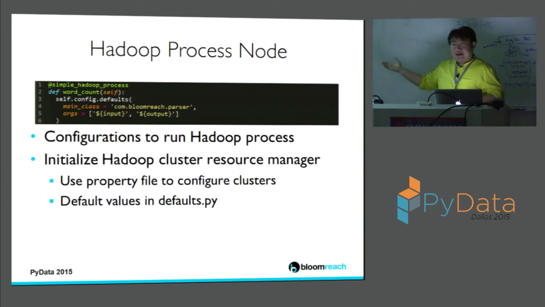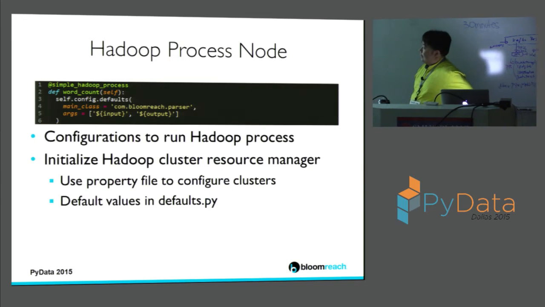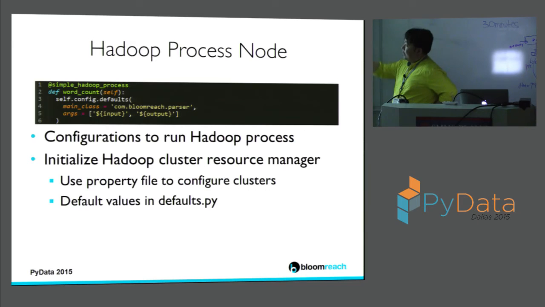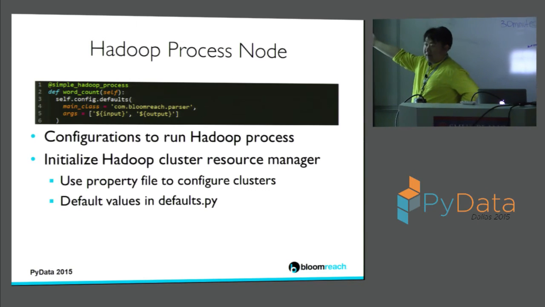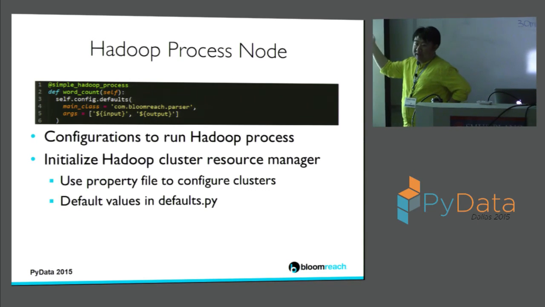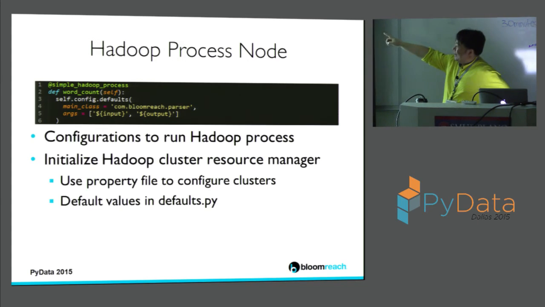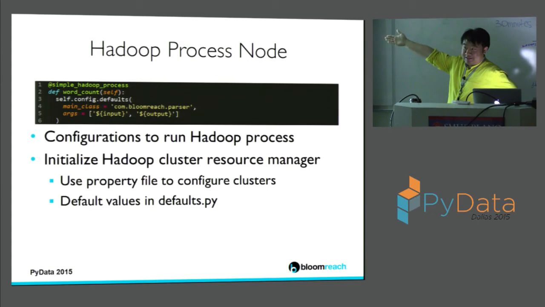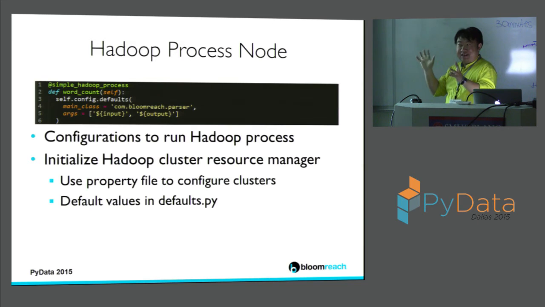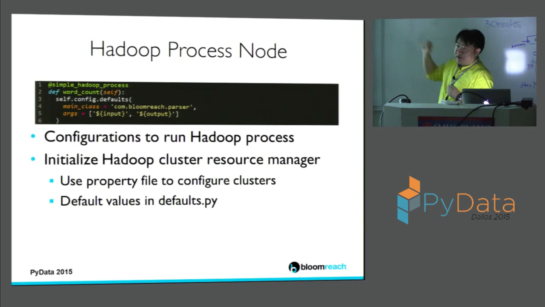So how do you define a Hadoop process in Briefly? Very similar to a Java process. The minimum thing we need is a main class. For those who are not familiar with raw Hadoop, imagine it's like Java. You have a jar file, you send it to the Hadoop cluster, and they will run your class.